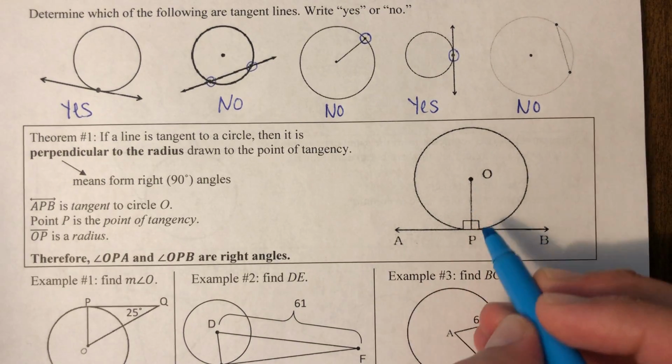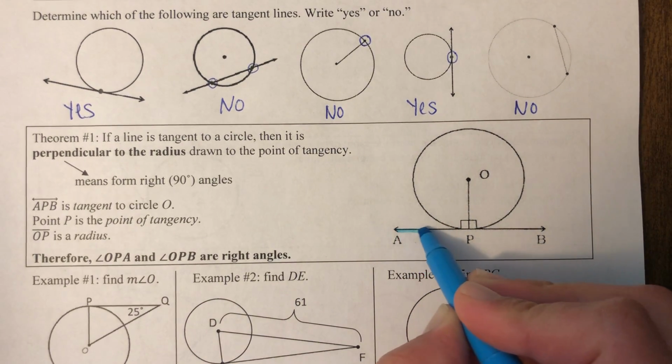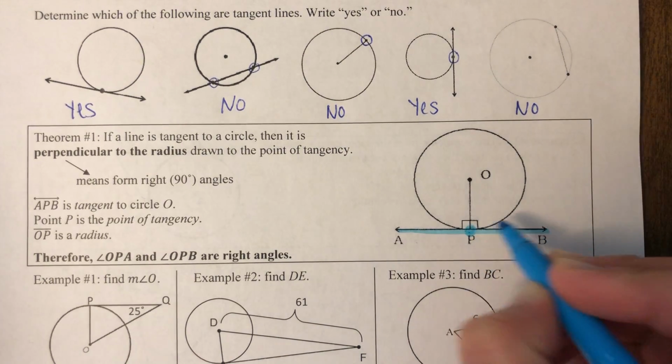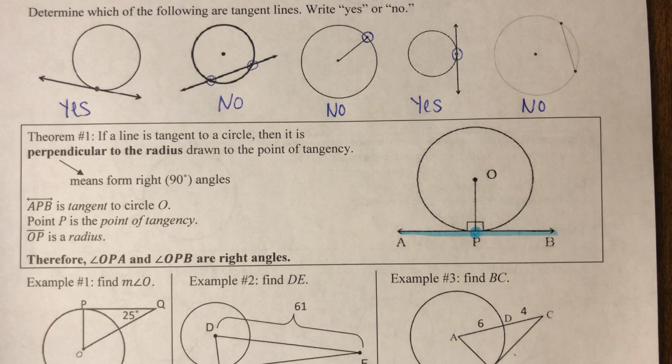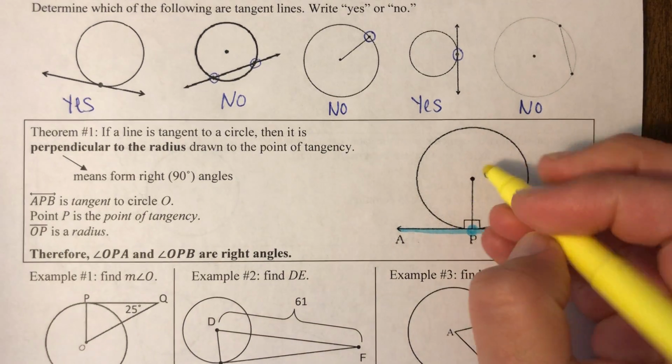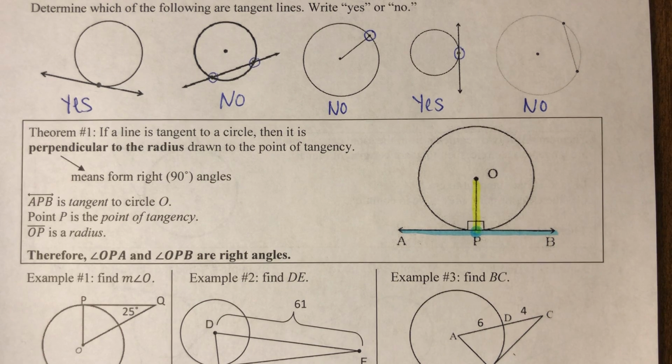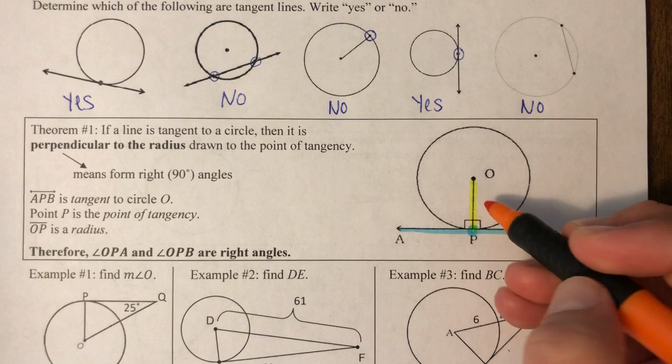So here we have our tangent line, right outside the circle, hitting once. If we have a radius, there's our radius, we are going to get right angles where they meet.